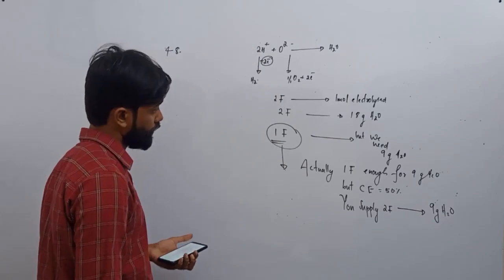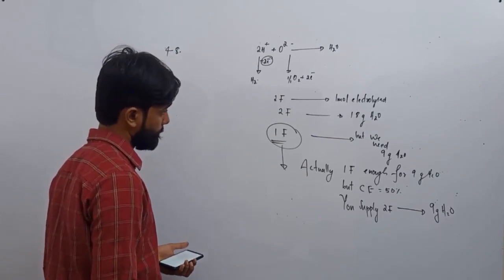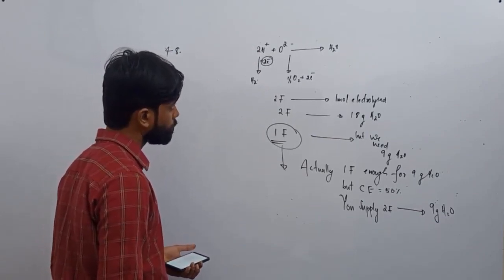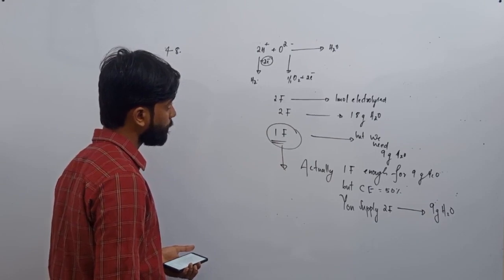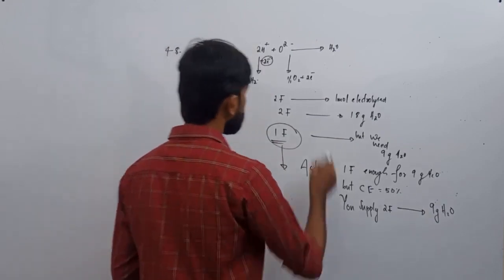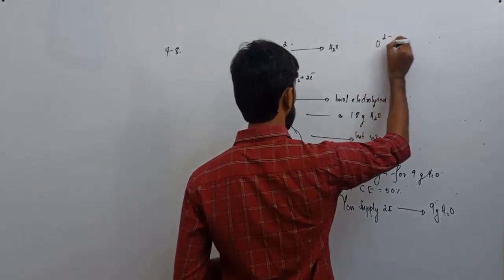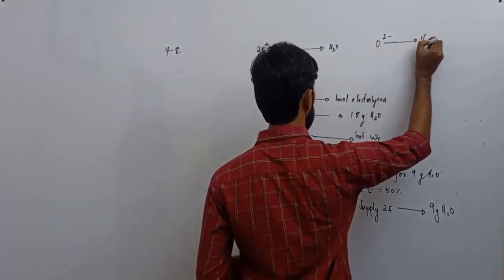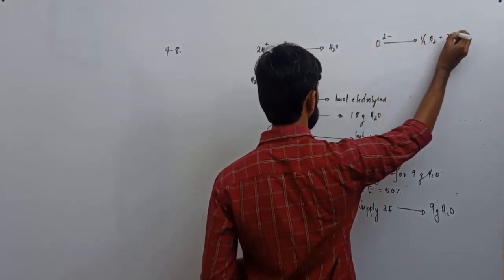What about the next? 5.6 liter of oxygen at STP. Listen here. Here, O2 minus becomes half O2 plus 2 electron, right?